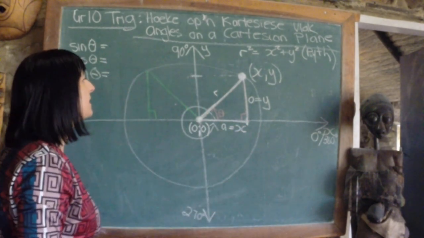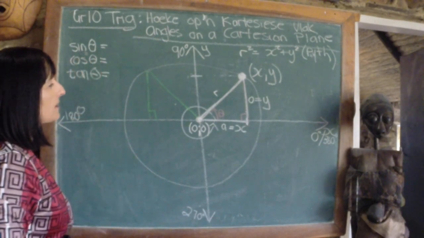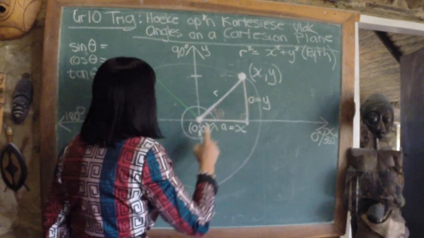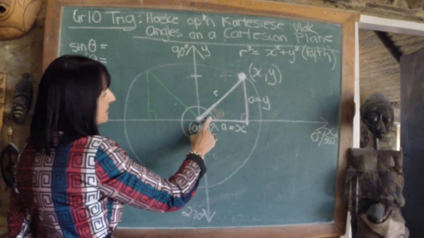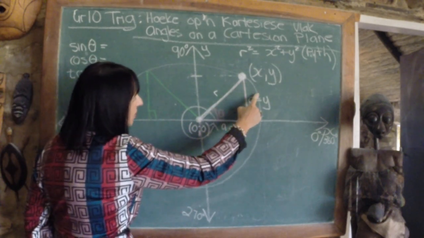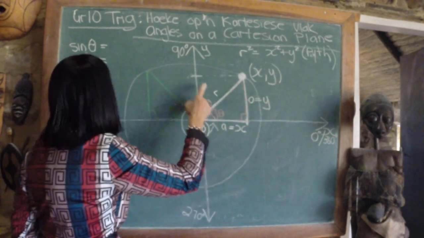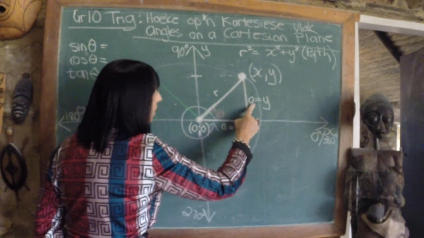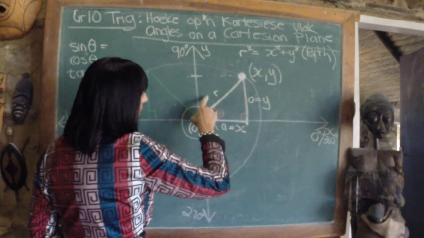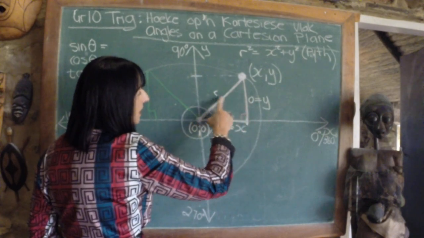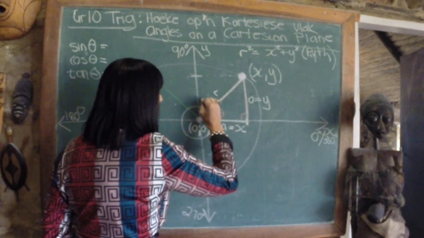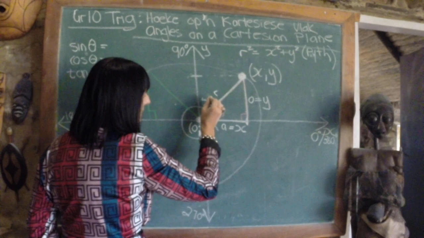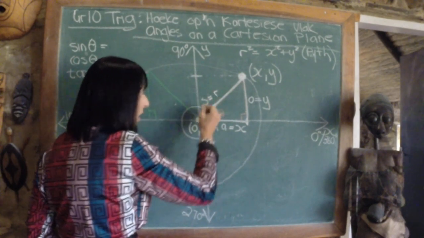So let's quickly rewrite sin theta in terms of x and y. As sin oorstaande op skuinssy is, is dit nou nie meer o op s nie, because the hypotenuse or the skuinssy equals now r.